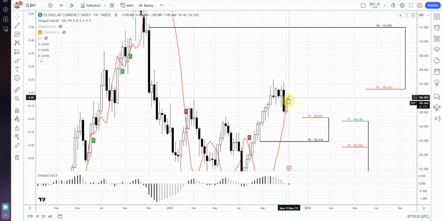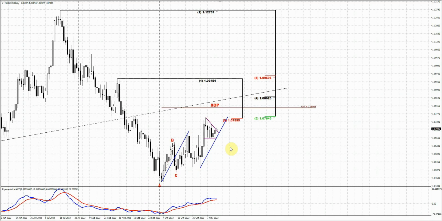But at this point, with just a minor pullback, the situation stays mostly the same, so we keep the overall context on the weekly chart. We're watching for a point of possible bearish reversal, but we're not hurrying to take a position, because the market doesn't manifest itself yet on the bearish side.